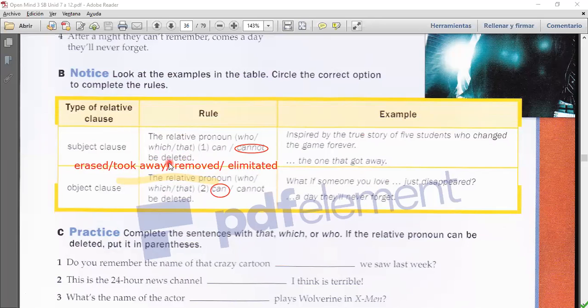Cannot be. Okay? This is subject relative clause.